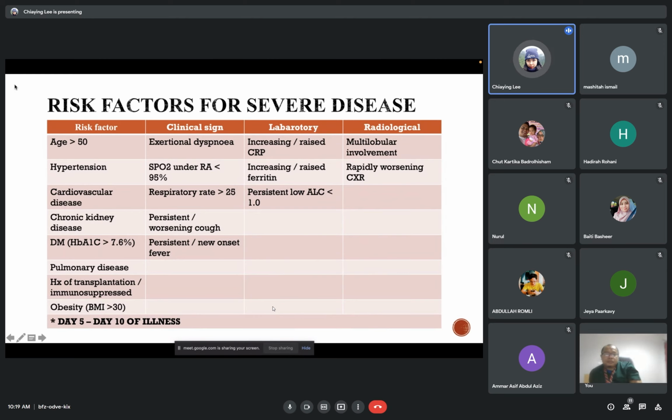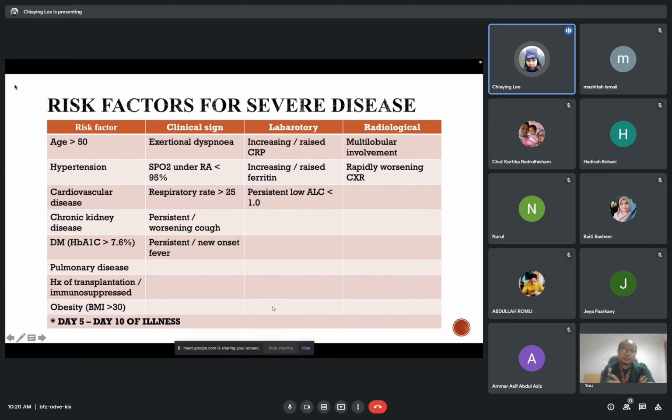And clinically, if we see them having exertional dyspnea, SpO2 less than 95 under room air, high respiratory rate more than 25, and also persistent worsening cough or persistent or new onset fever, we have to watch out as well. As for the lab markers, they will have highly raised inflammatory markers like CRP, ferritin, and also persistent low ALC less than 1.